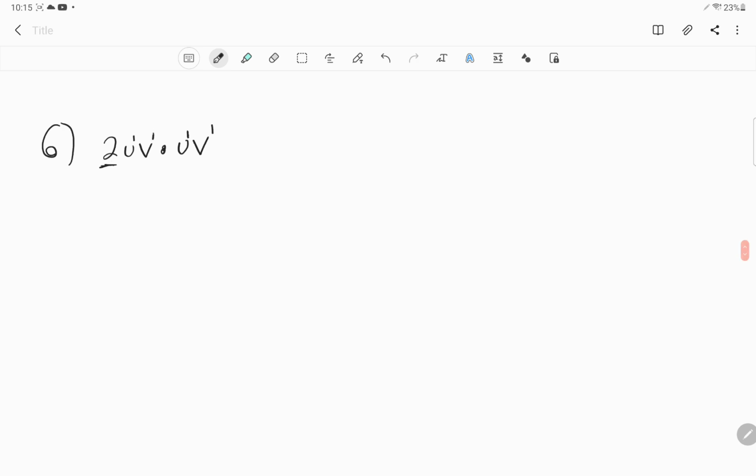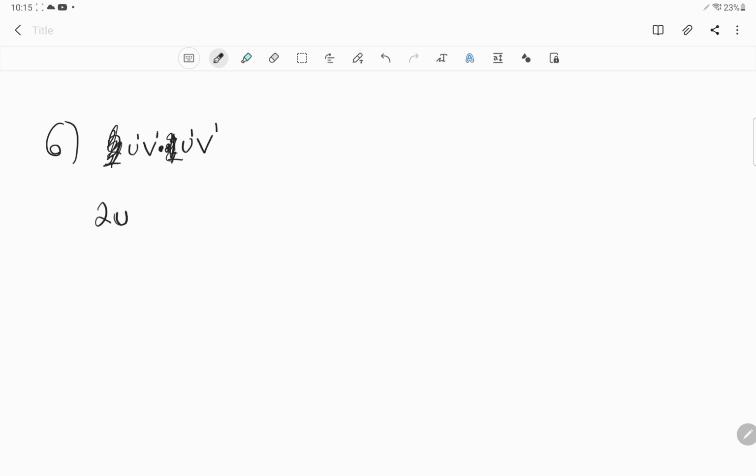First, what numbers do I have in front of my variables? I have a 2, and I have an invisible 1 with this one. What's 2 times 1? It's going to be 2. So I took care of that, and I can delete it. Now the only things I need to worry about are my u and my v. I'm going to start with my variable u.